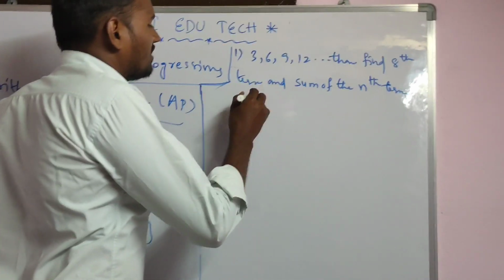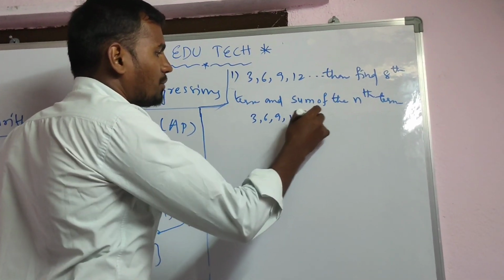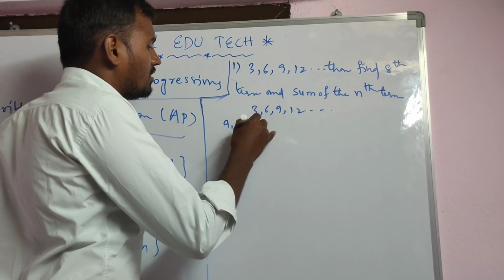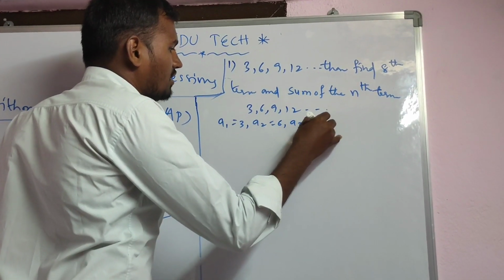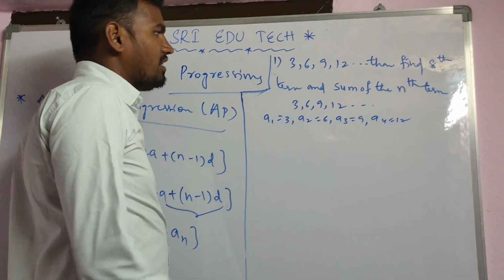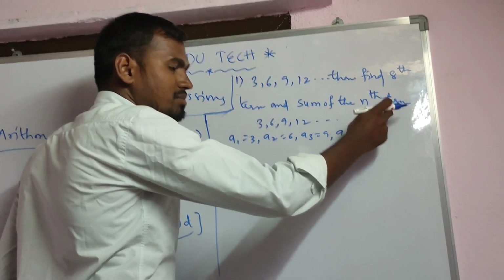Let us take 3 comma 6 comma 9 comma 12 and so on. From this we write a1 is equal to 3, a2 is equal to 6, a3 is equal to 9, then a4 is equal to 12. So first we have to find the eighth term and the sum of the nth terms.